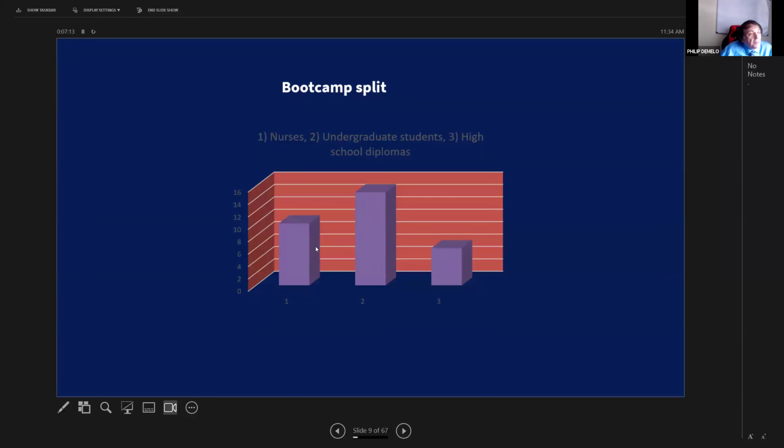So we have nurses, nursing assistants, undergraduate students, and also those with high school diplomas who have graduated school and are interested in computer science and computer applications in healthcare and public health. So that is the split of the students we had in the boot camp for beginners.